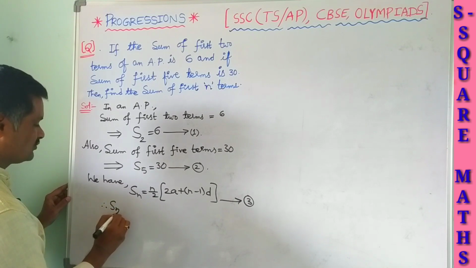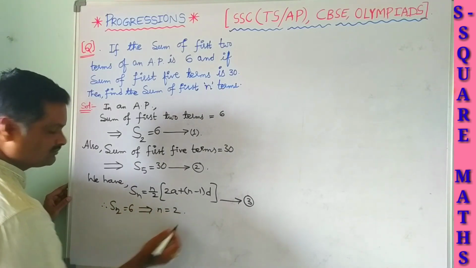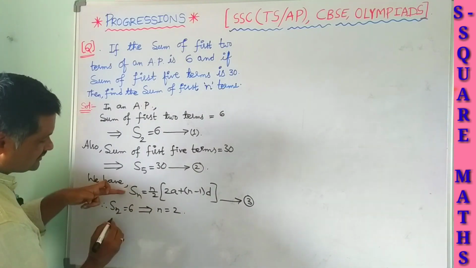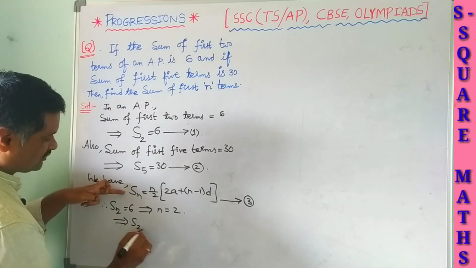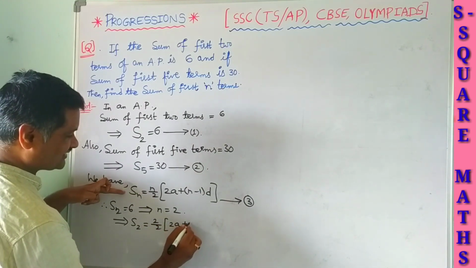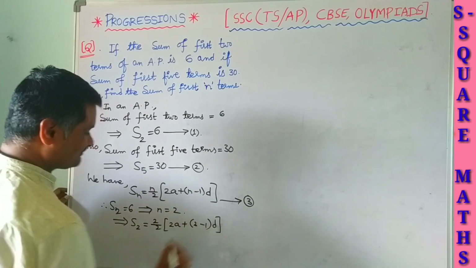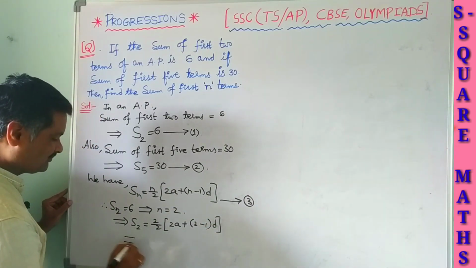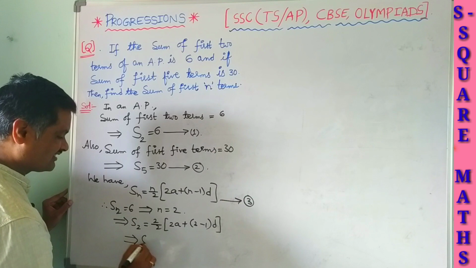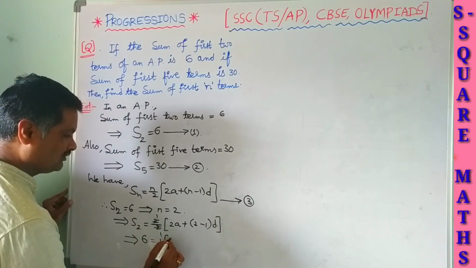Therefore S2 is equal to 6 implies the value of n is nothing but 2. So substitute here. So this implies S2 is equal to 2 by 2 into 2a plus 2 minus 1 into d. Now S2 value is given here 6. So 2 by 2 gives you 1. So 1 into 2a plus d.